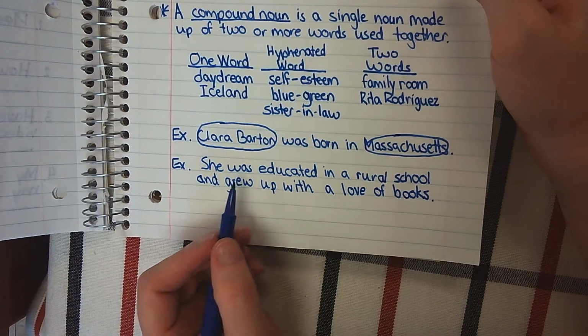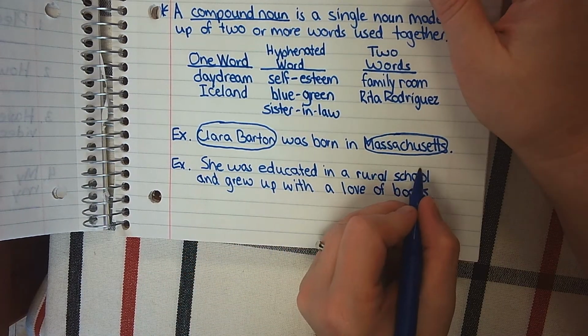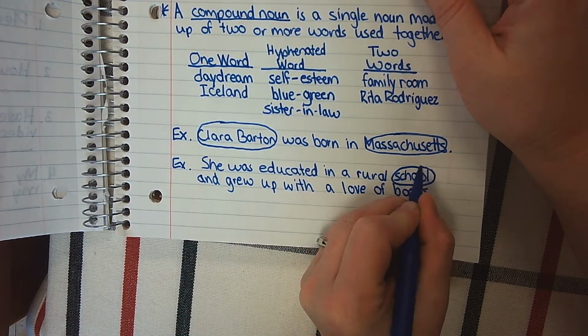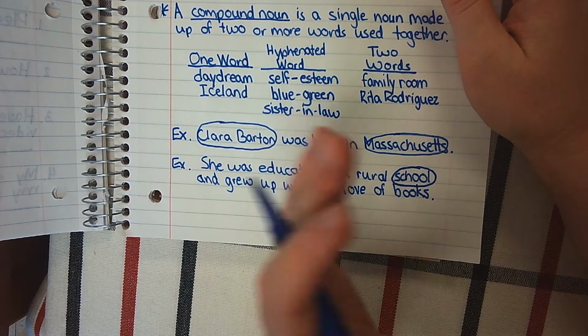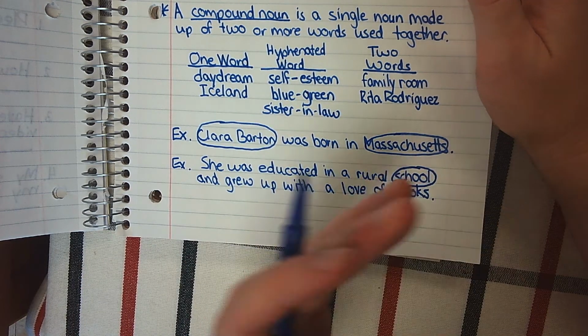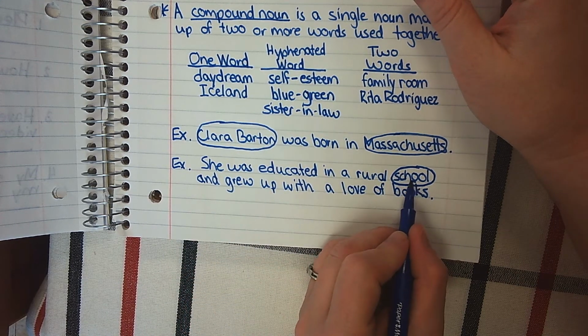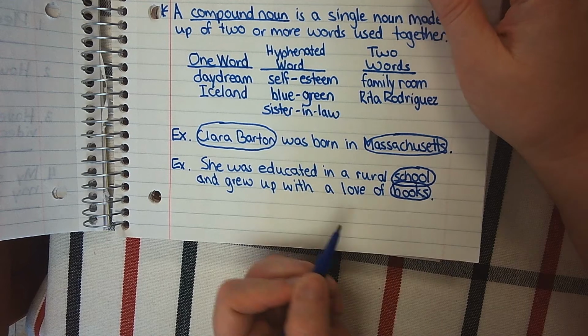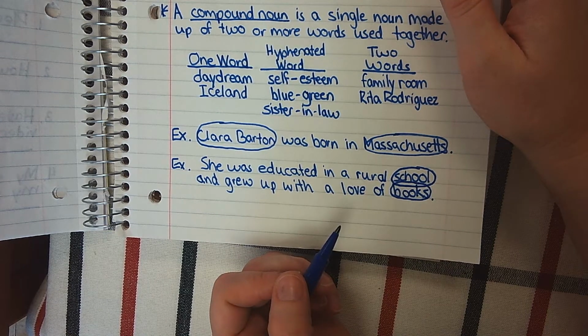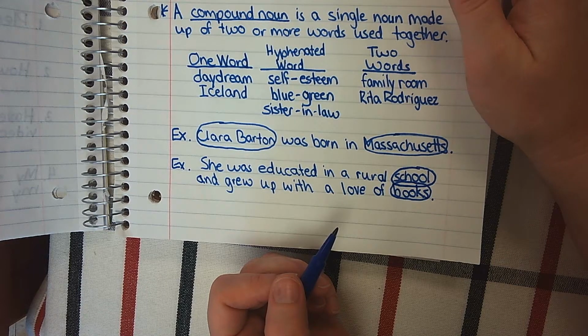She was educated in a rural school, I told you, was a thing. Okay, if it was a specific school or place, we could talk about that. This could be both, actually. And grew up with a love of books is definitely a thing. Are there any other things in this sentence? There are not.